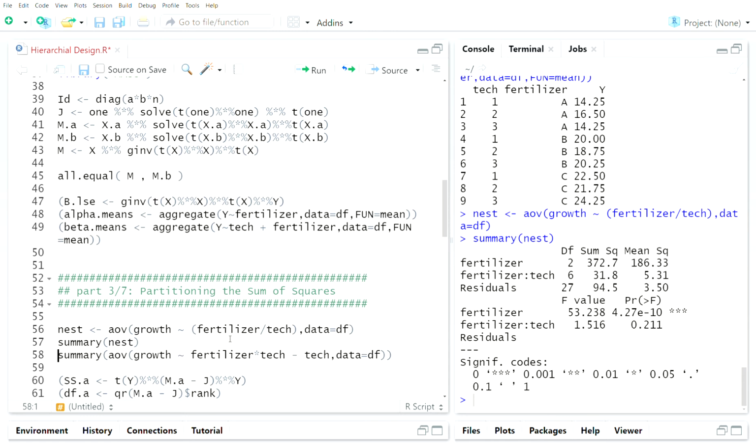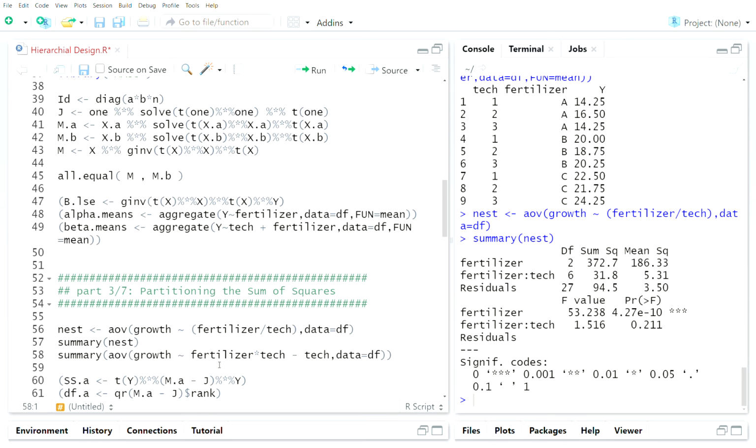So again, this is the design, or how you enter it into R. You say fertilizer / tech. That means technician is nested within fertilizer. And here is the Anova table. Now, technically, it's over parameterized, and there are different ways you can represent this model with the same thing.